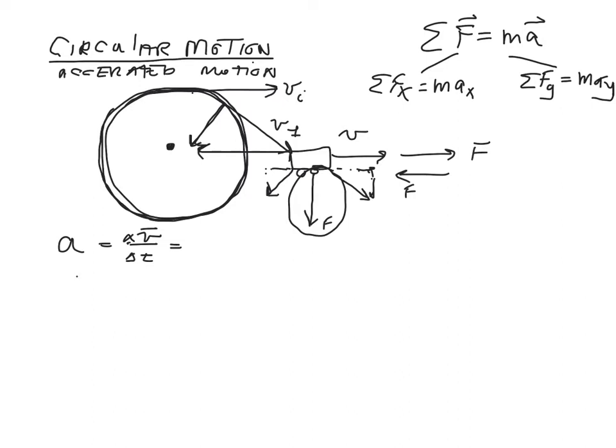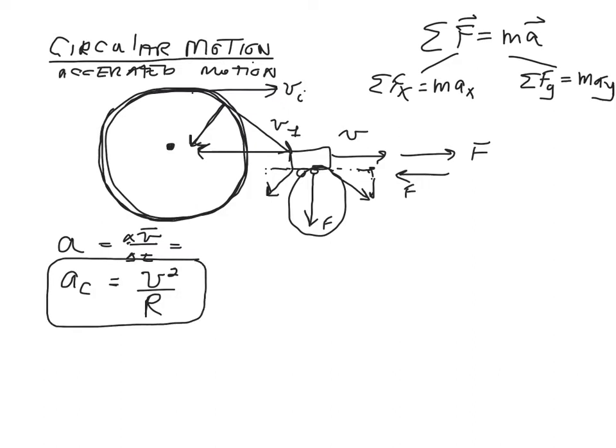So in the case of centripetal acceleration, where the object is not speeding up or slowing down, without deriving it, I'll give you the equation: we calculate the acceleration by taking the speed, the magnitude of the velocity, squared, and dividing it by the radius of the circle. So this is the only new equation that we have.